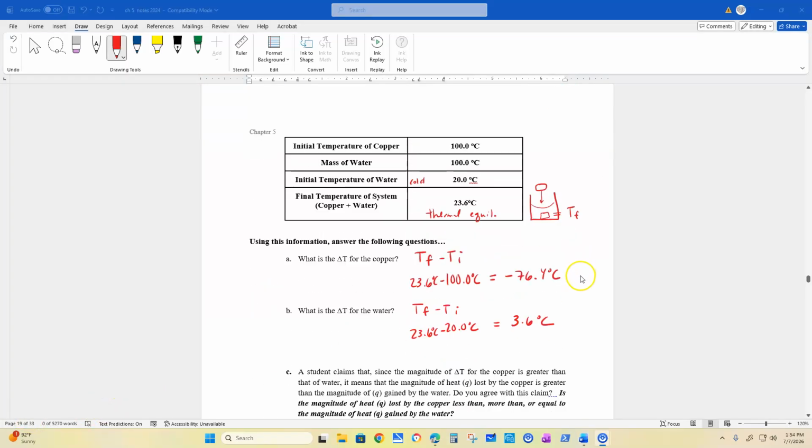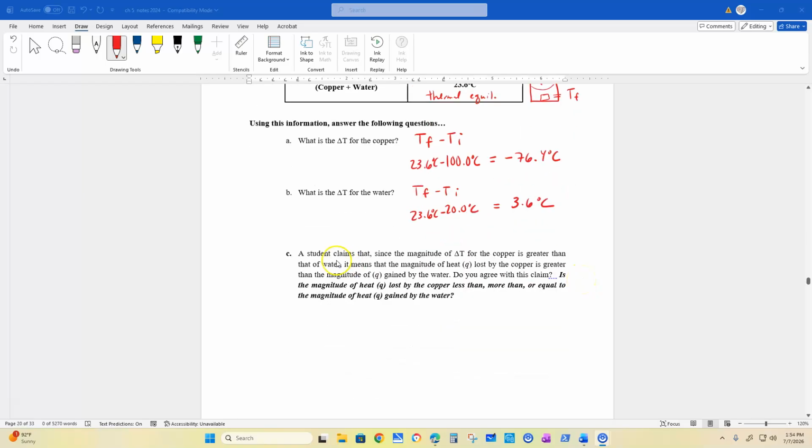All right, so next calculation. A student claims that since the magnitude of delta T for the copper is greater than the delta T of the water, it means that the magnitude of heat loss for copper is greater than the magnitude of the heat gained by water. Do you agree or disagree?